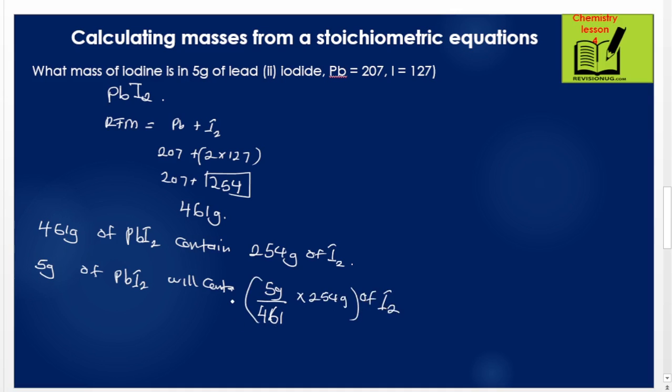So let us compute this one. This is 5 divided by 461 gives us that one. Multiply it by 254. The answer is, we just get 2.75 grams of the iodine there.